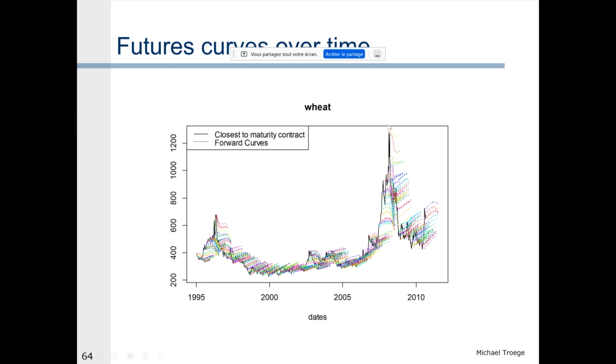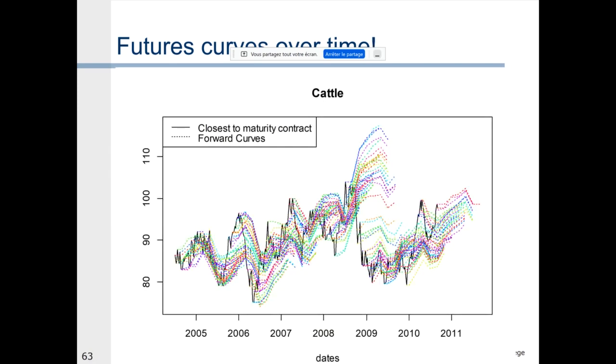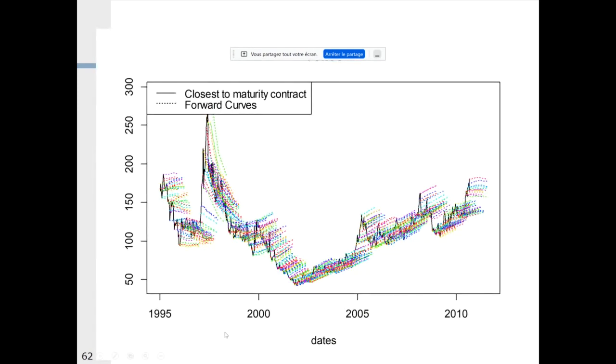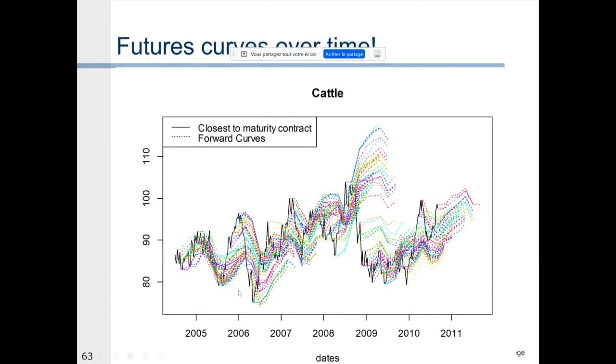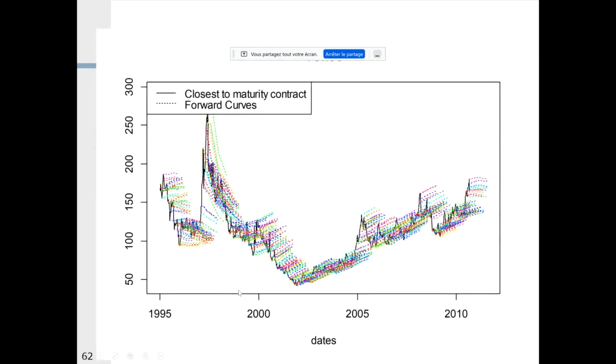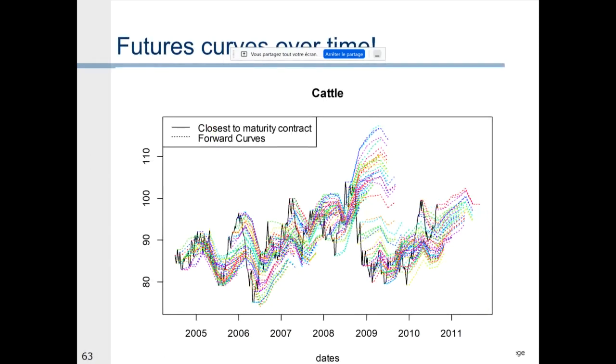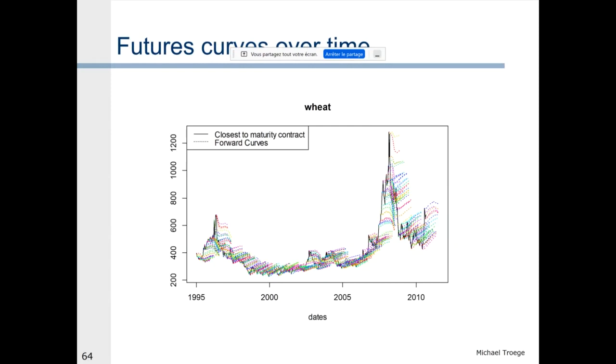Now, what's the difference to the coffee spike we have seen before? The difference is that this coffee spike was, I don't know what happened there, probably a bad harvest or something like that. So this was not triggered by financial investors. There was a real scarcity. Here there's no real scarcity.